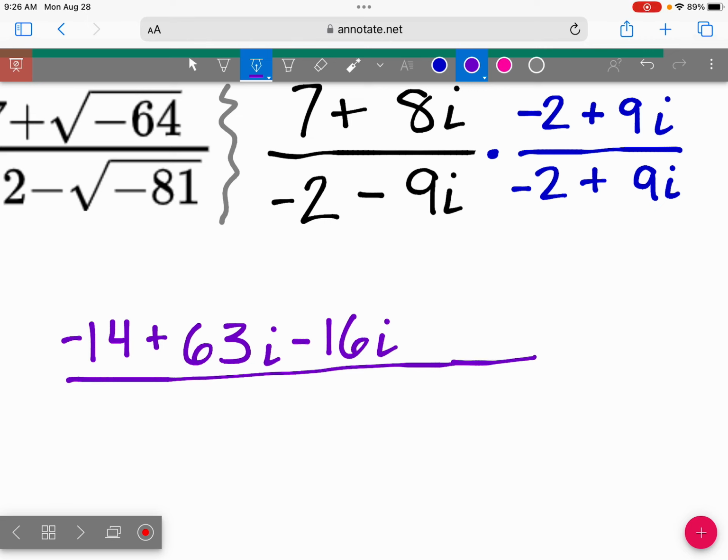And 8i times 9i, 72i squared. And our denominator becomes negative 2 times negative 2, which is 4, minus 81i squared.